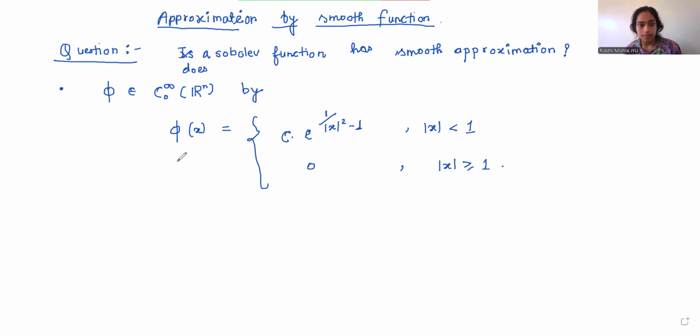Then I choose C such that the integral of phi over Rn is 1.